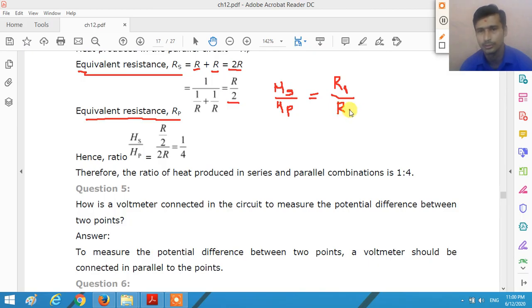So the equivalent resistance in parallel connection divided by the equivalent resistance in series connection. What is the equivalent resistance in parallel connection? R by 2, divided by 2R in series connection. We cancel the R, we get 1/4. So the ratio of heat produced in series and parallel combination is 1/4. That is the answer, C.